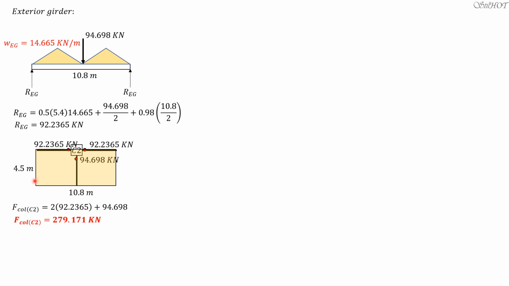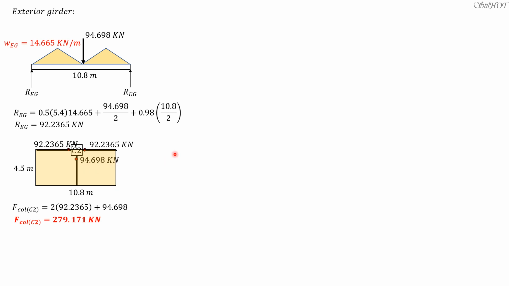So the other way of computing for the force in column 2 is to use the pressure multiplied by that area plus the weight of the girder and beams. So remember that we have a beam here, and half of the weight of the beam, whose length is 4.5, is distributed to this column here. The other half is in column 1, C1. Then same is true, there is a beam here because this is the center, and half is thrown here.